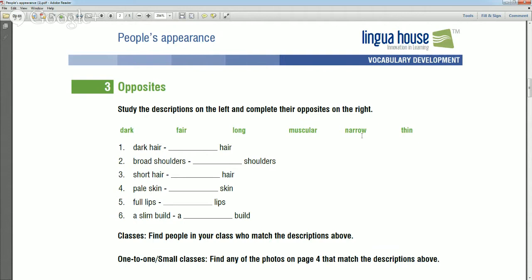Broad shoulders, narrow shoulders. Short hair, long hair. Pale skin, dark skin. Full lips, thin lips. A slim build, a muscular build.